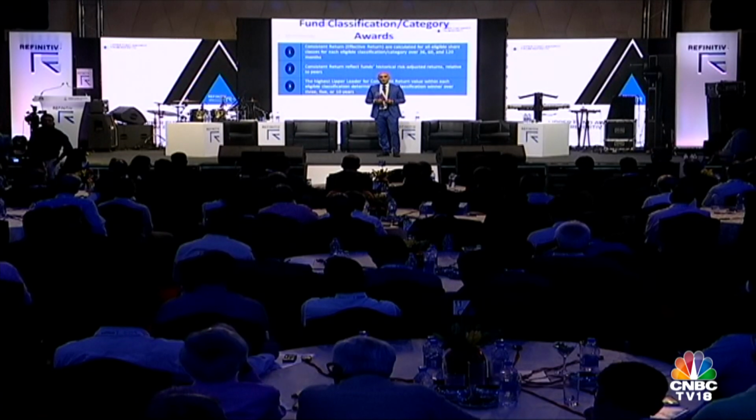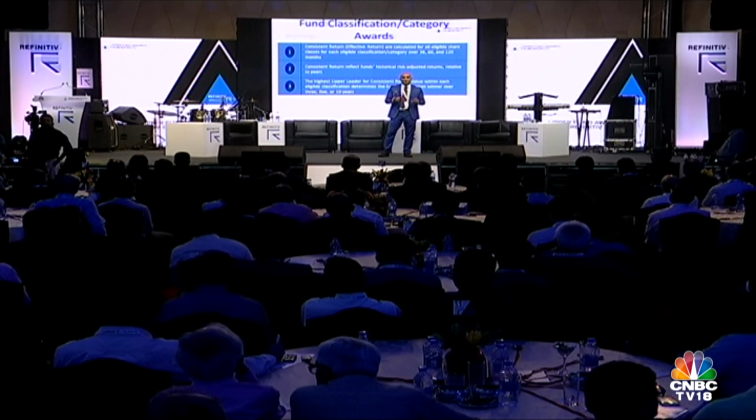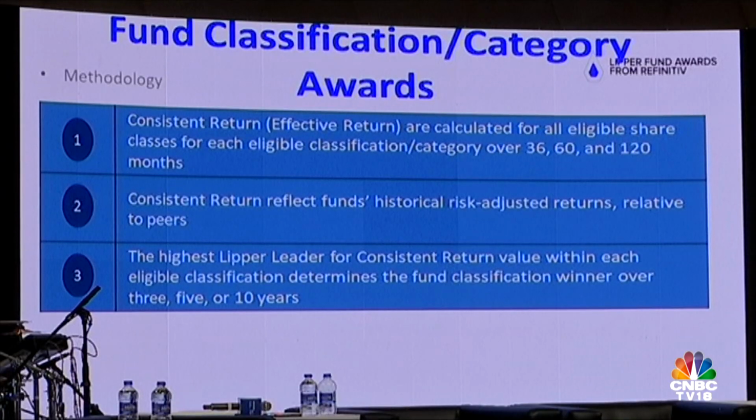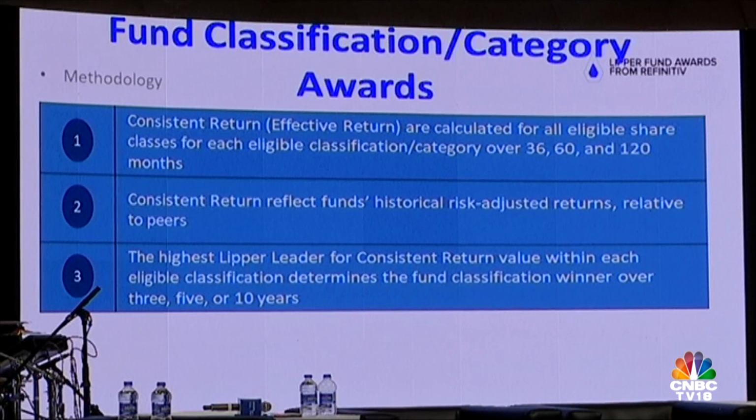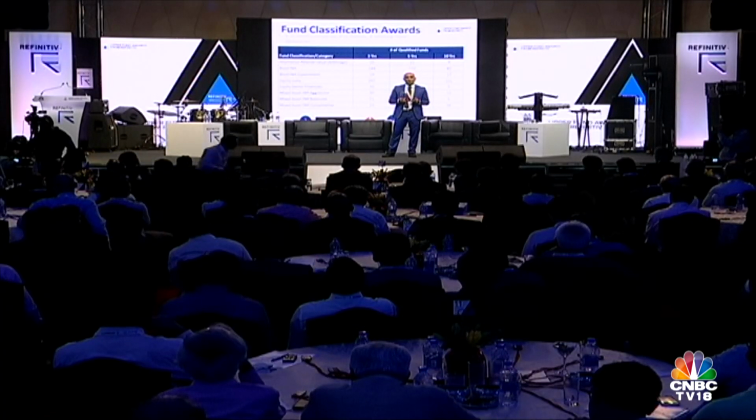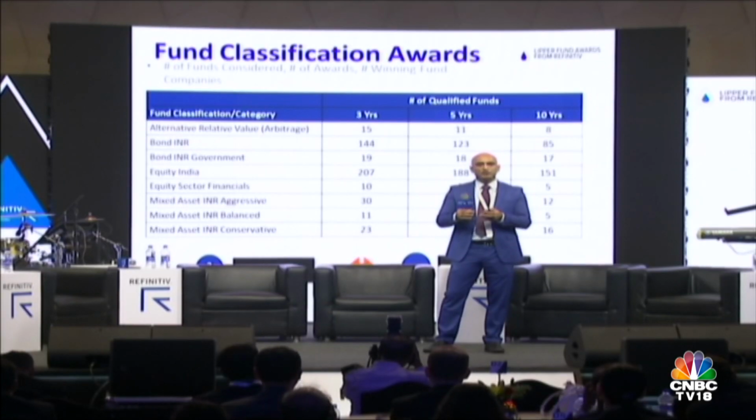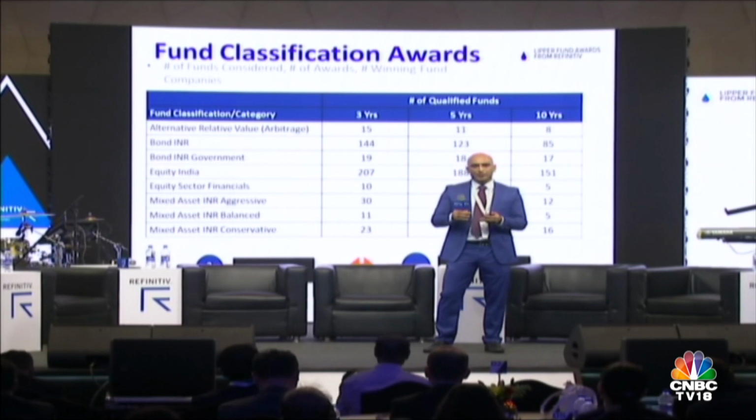Once we have the Lipper Consistent Return in a given category, we pick up the fund which has the highest score. This time around, we are giving out awards to 24 funds, and these 24 funds come from 9 fund companies.